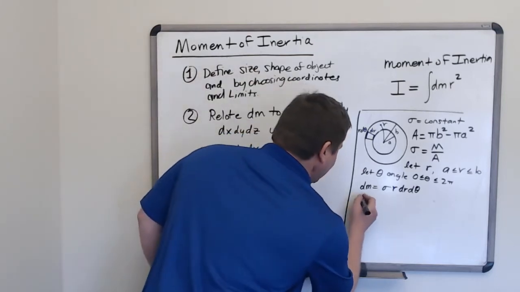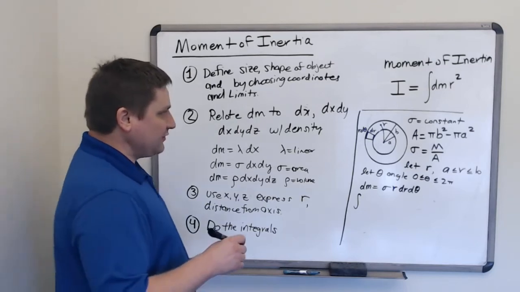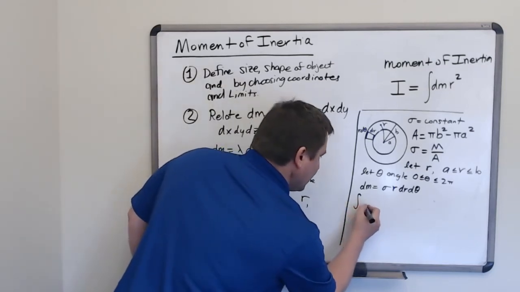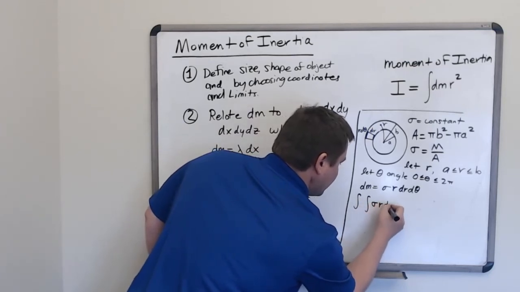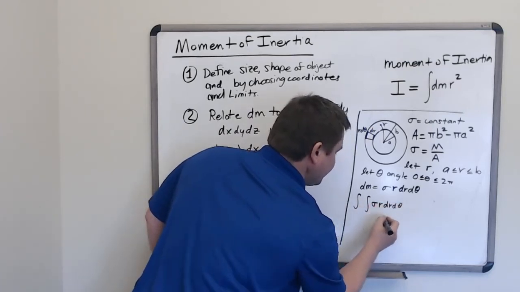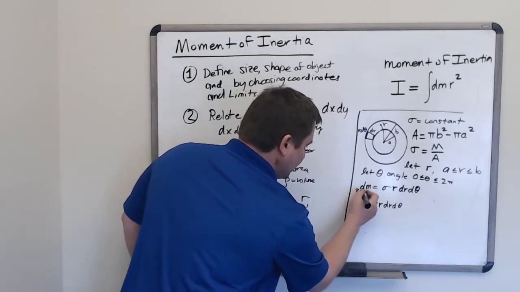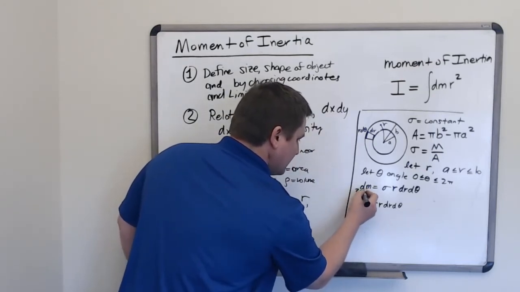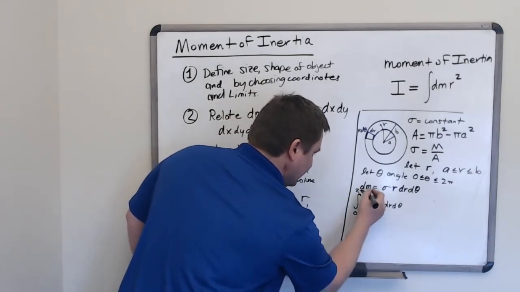So then I'm on step four, the last step, to do the integrals. So I'm integrating sigma r dr d theta. Theta is the outside variable that's going from 0 to 2 pi. R is the inside variable that's going from a to b.